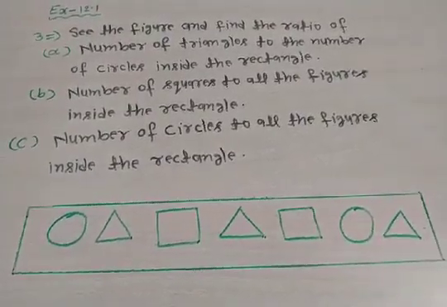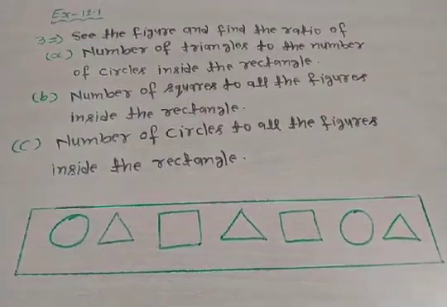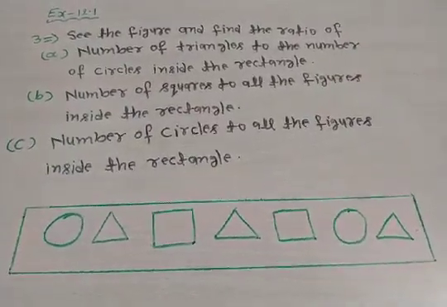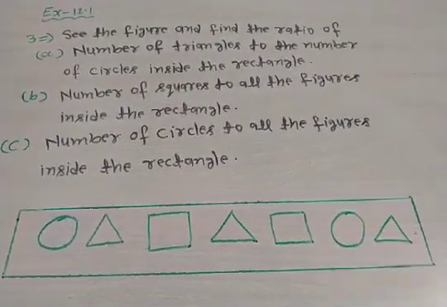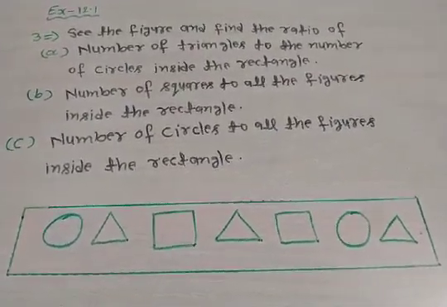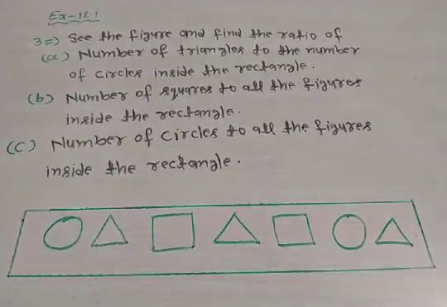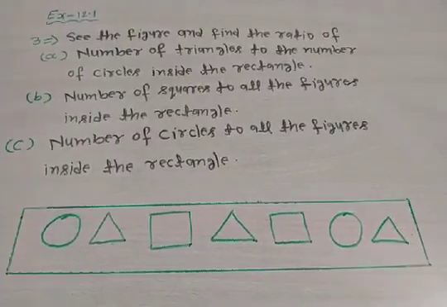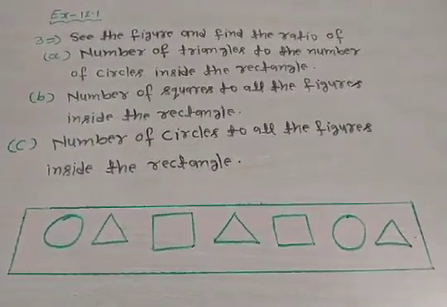So you find here the ratio of number of triangles to the number of circles inside the rectangles. And B part, find the ratio of number of squares to the number of all figures inside the rectangles.